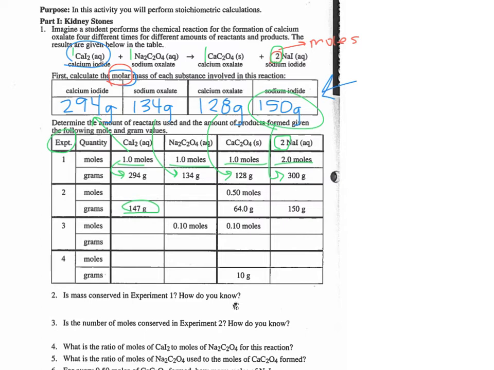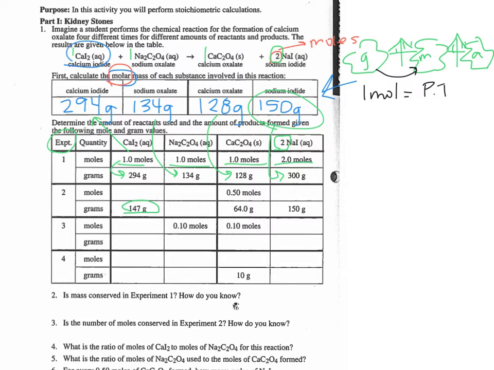So remember from our mole island that to get from grams to moles is just one conversion using our conversion factor. 1 mole equals whatever the molar mass on the periodic table is, our grams from the periodic table.